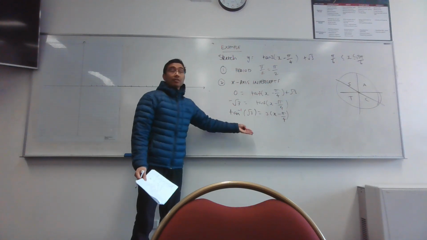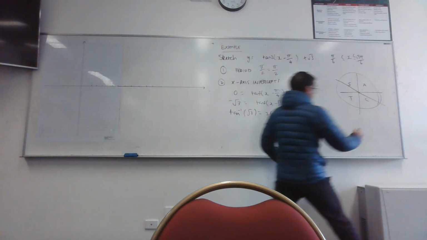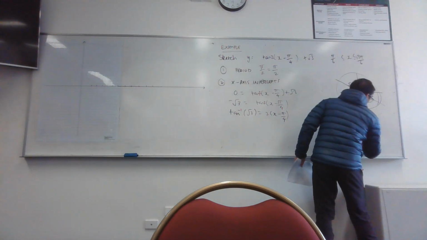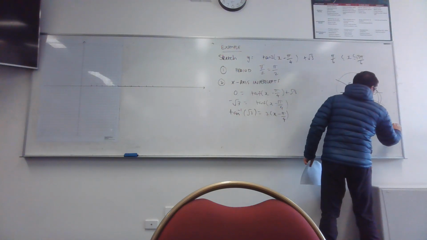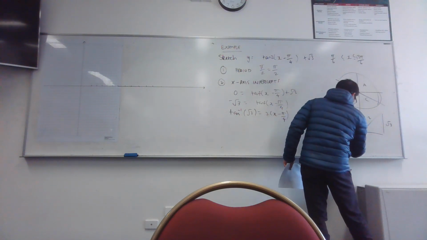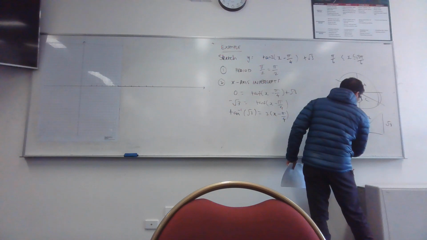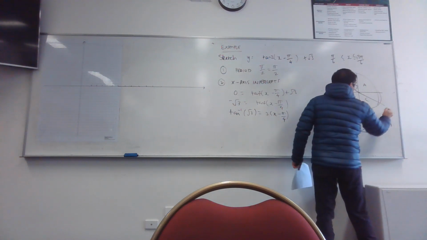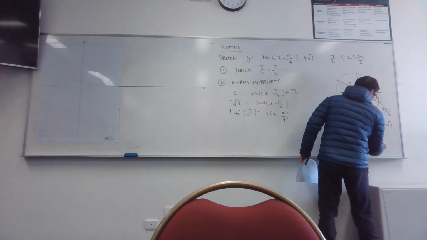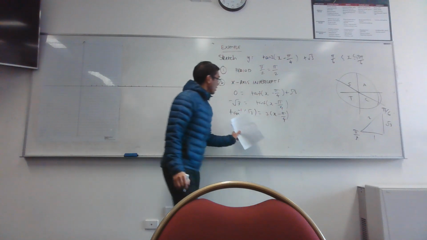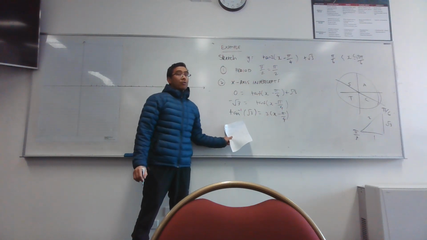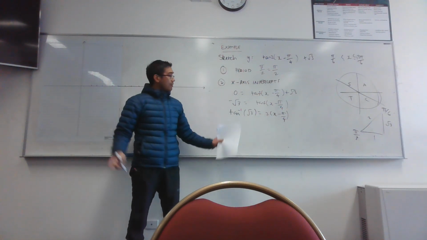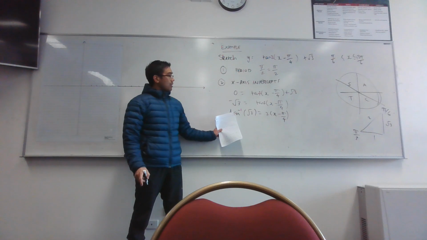It's got a root 3. I rubbed it out. So I'll write it again. It's good practice. That's true. Inverse of a root 3, say inverse of a root 3.